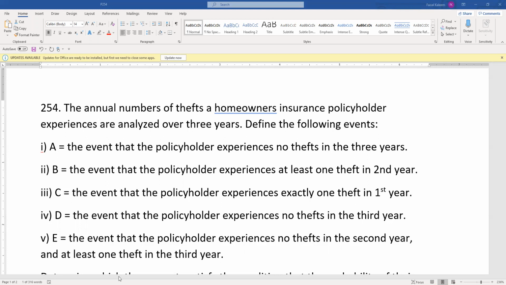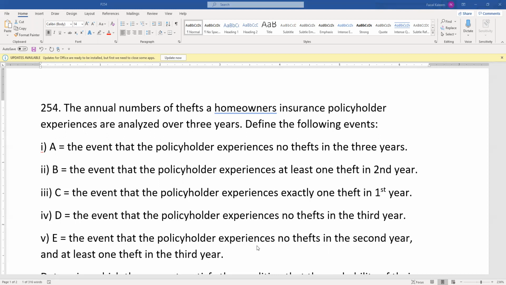And now what if E happens? E happens means no thefts in the second year and at least one in the third year. That part rules out A, since we have at least one theft in the third year, so A cannot happen because A says that there are no thefts in any of the 3 years.